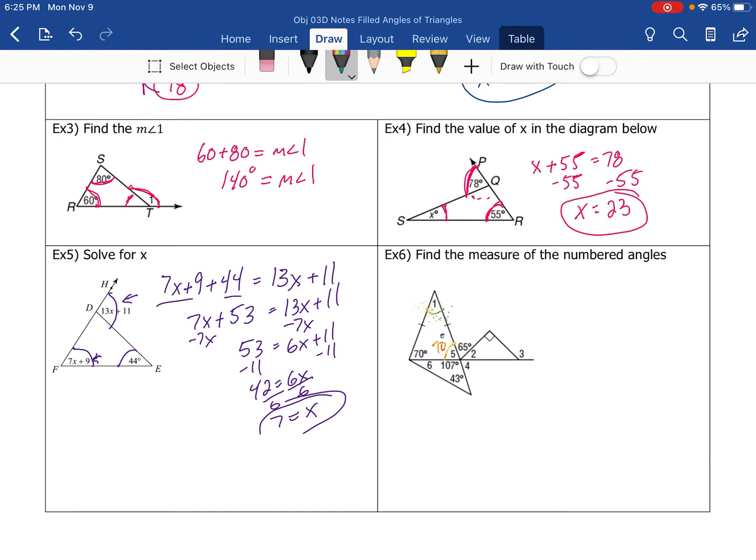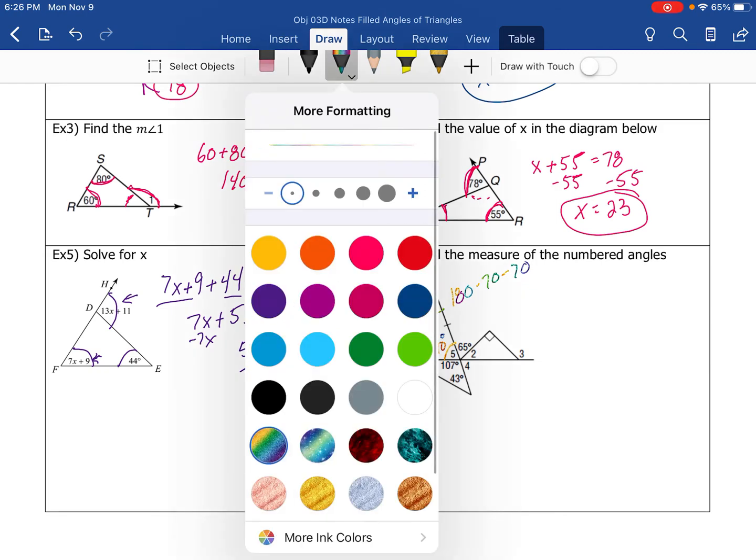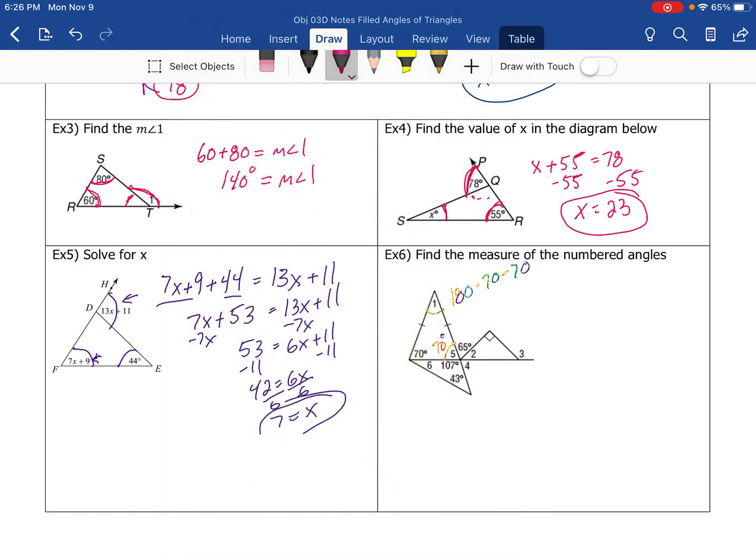Knowing that, I know that the measure of angle 1 is going to be 180 minus 70 minus 70, which I believe is 40 degrees. I read 140, so I'm sorry about that, guys. And I'll go away from the sparkly pen because I know it can be a little bit distracting. So this is going to be 40 degrees.